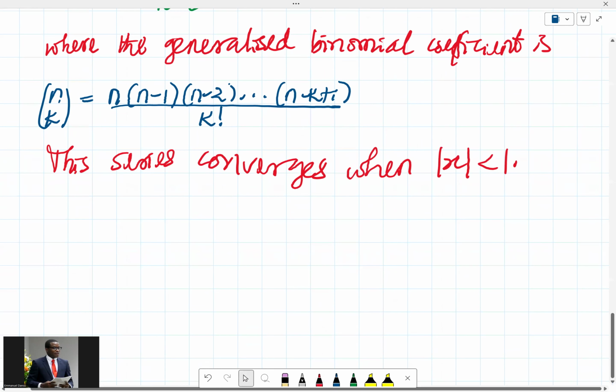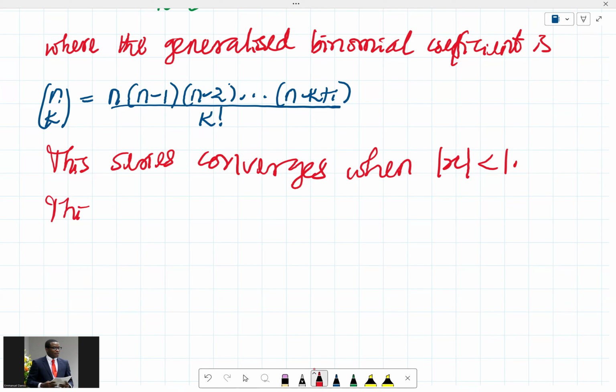Okay, in the next video, we can talk about how to derive this. So let's just go ahead. We've talked about the convergence criteria. What this simply means is that the infinite series, just like we said here, converges when absolute value of x is less than 1.